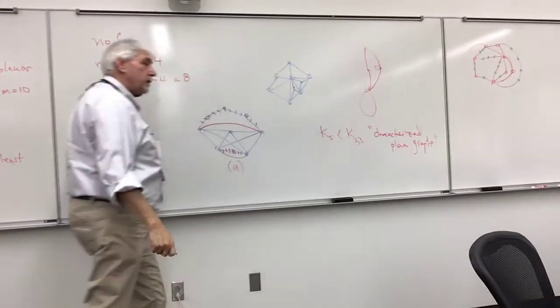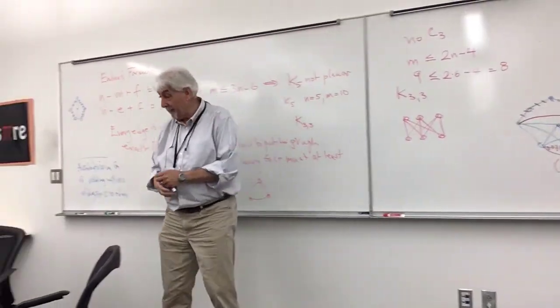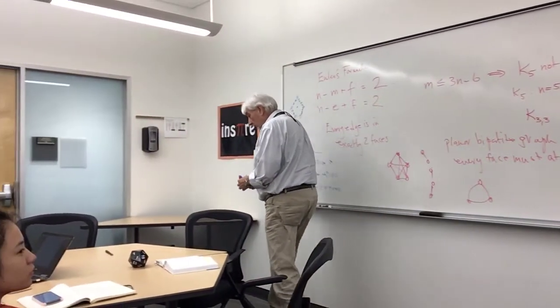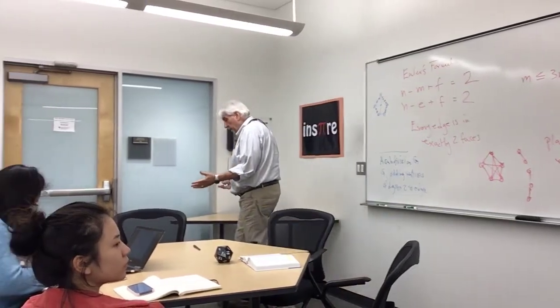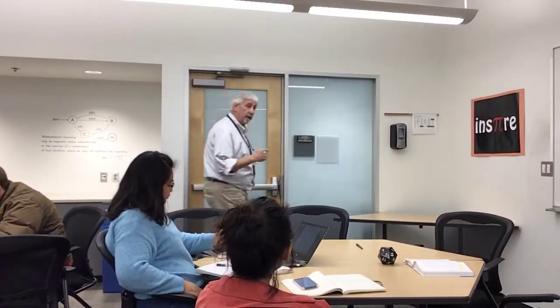No edges cross. The only place that edges meet are at vertices. Then I can color the countries of this graph with at most 4 colors. Sometimes I may only need 3 colors.